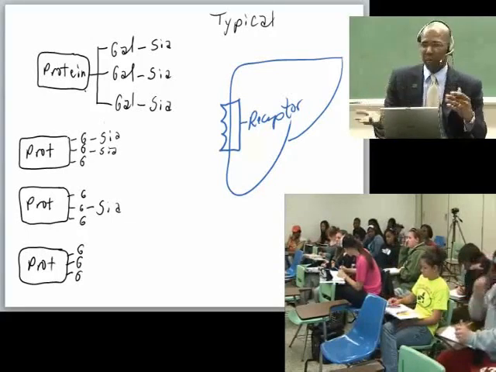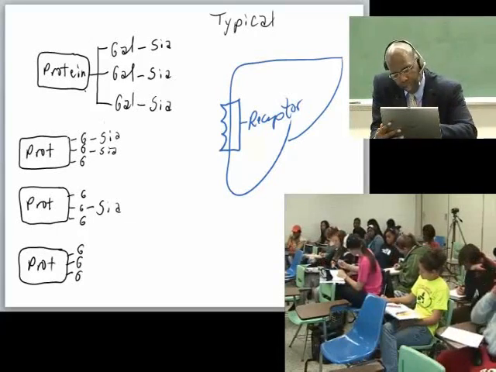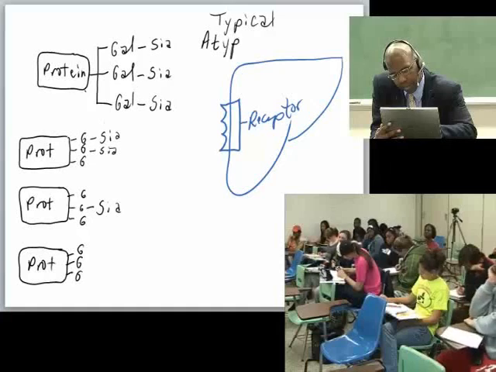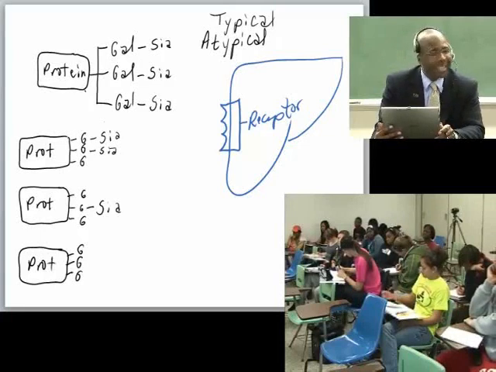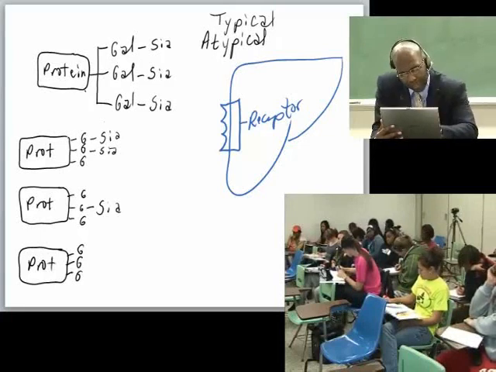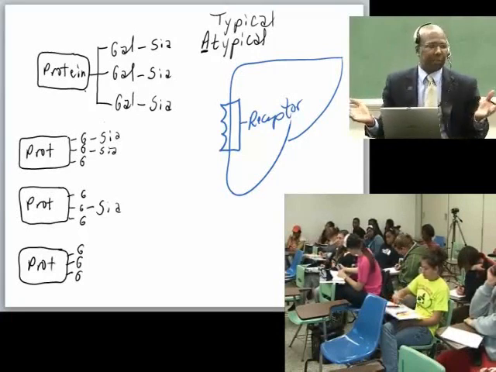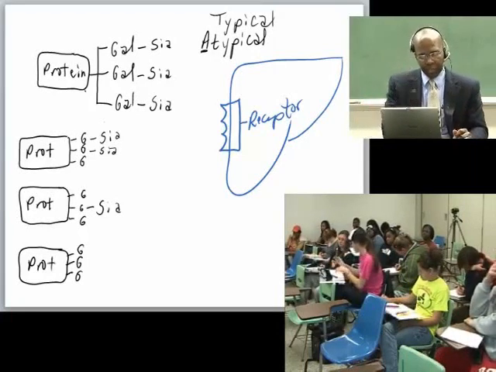Something that happens normally. What if we were to say something were atypical? Not normal. So what does A mean? The opposite of something. The opposite. Very good, very good.